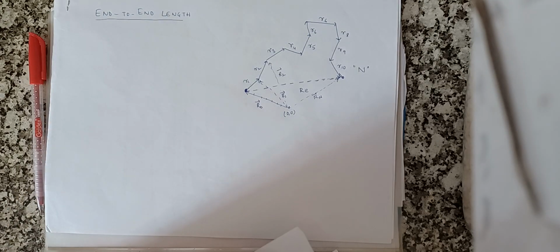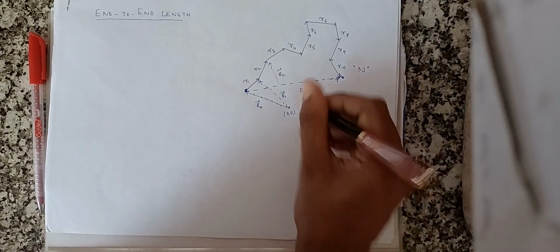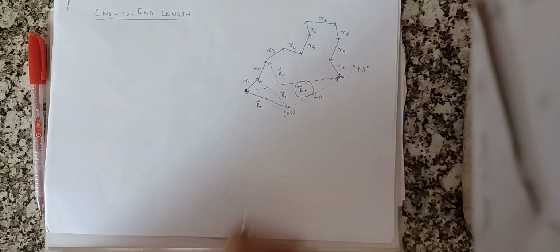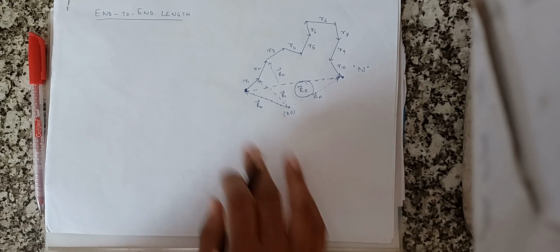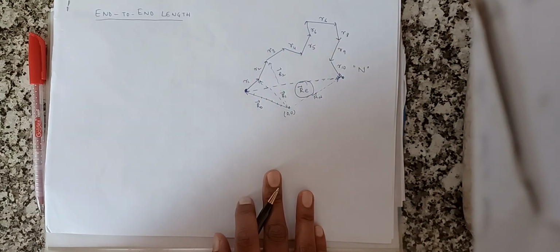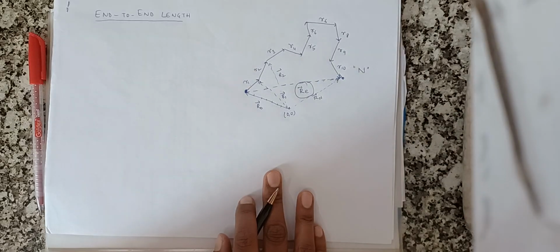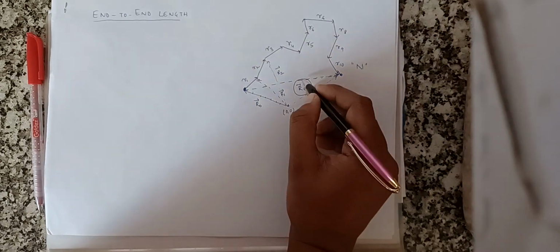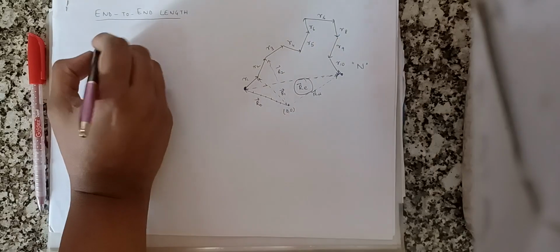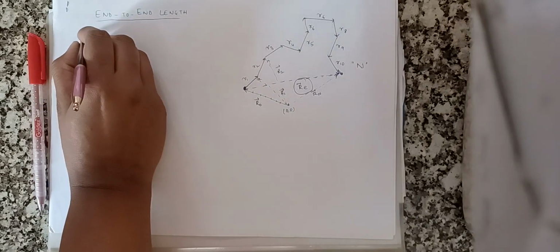Now let us try to figure out this end-to-end length Re with respect to these vectors, so that we can reflect back upon the properties of each monomer itself. If I want to figure out what is Re, let us use vector algebra.